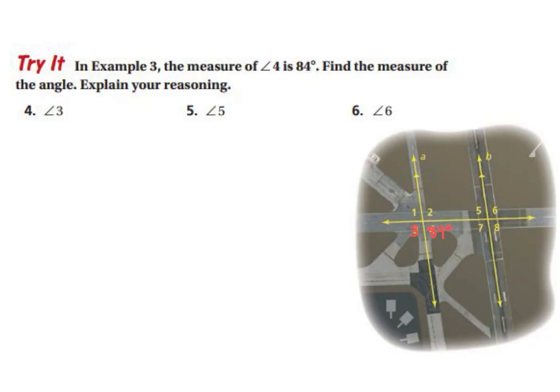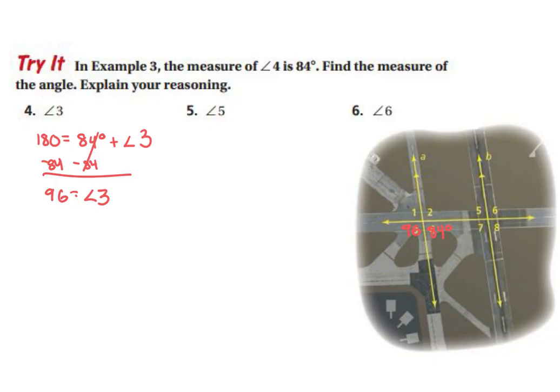So in this situation, we can use supplementary angles, and we'd say 180 equals 84 degrees plus angle 3. So when we take away 84 from both sides, we get 96 equals angle 3. So this angle 3 becomes 96.